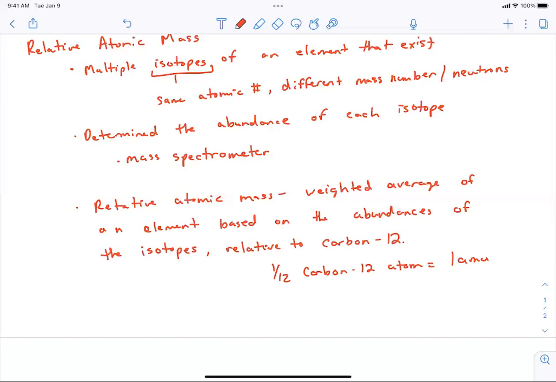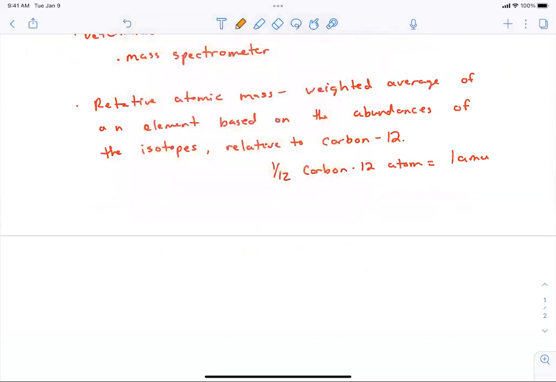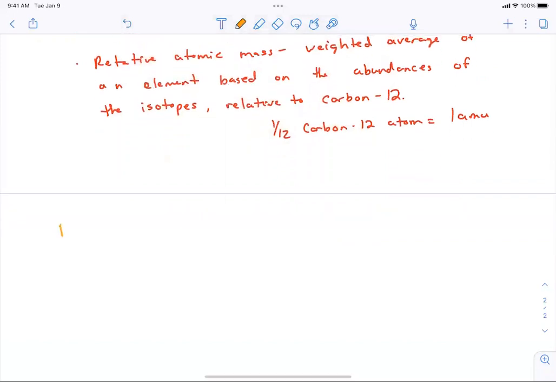So all these masses you see of atoms that are like 4 or 16 or 18.9, those are all relative to the mass of carbon 12. And to calculate this, you need to incorporate all the masses and their abundances as well. And so there is a formula for this.